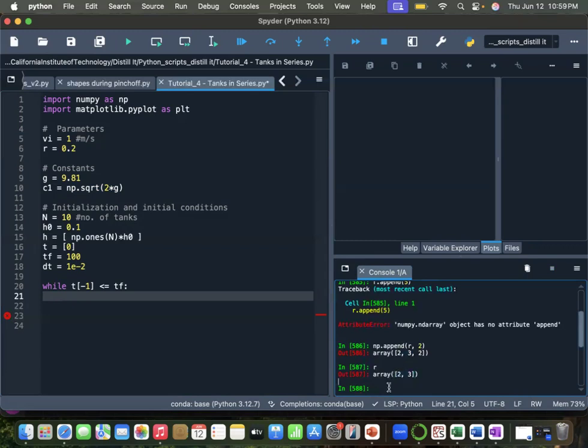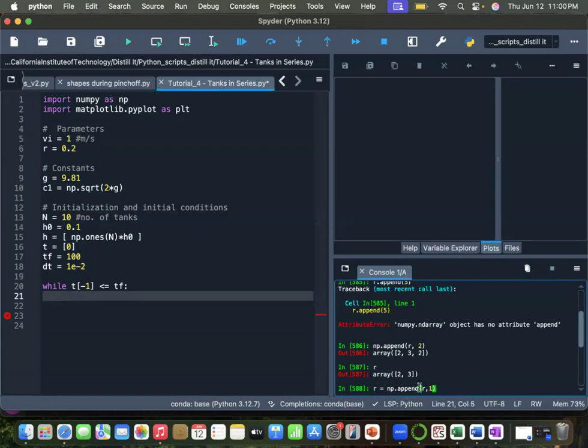So if you want to change the original array R, you would actually have to write it as this: R equals to np dot append R comma 2. So now this would append, let's not append 2, let's append 1, just so that there's a different element, right?